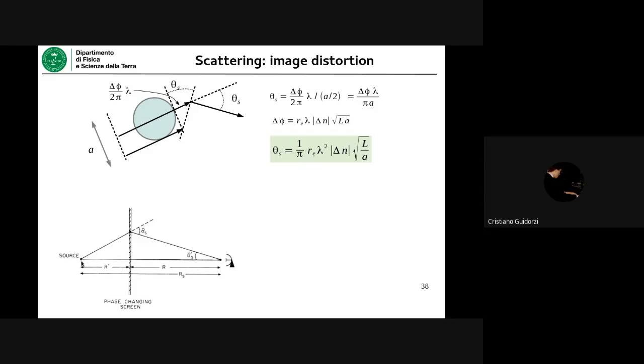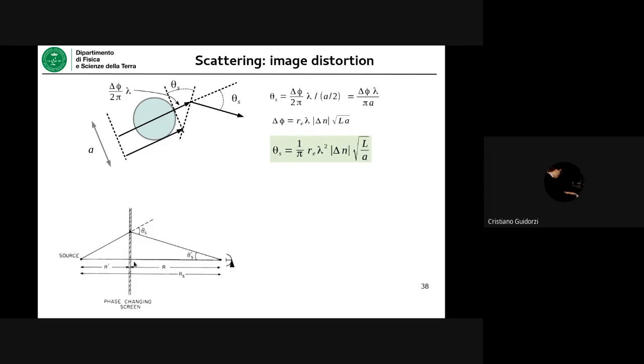Let's call r prime the distance between the screen and the source. In the case above, r prime is very large, but very large doesn't really mean anything. You have to compare with what?